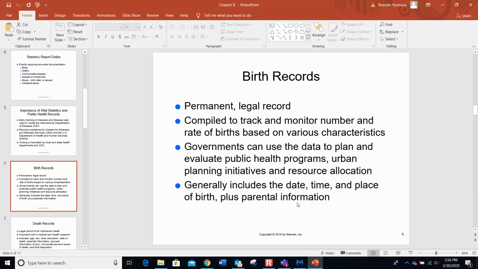Each product of a birth is considered a live birth, or a being born, if after the duration of the pregnancy and the separation of the baby from the mother, the patient is breathing or shows evidence of life, such as a beating heart, pulsation of the umbilical cord, or definite movement of voluntary muscles, regardless of whether the umbilical cord has been cut or the placenta is attached. So each of these is considered a live birth.